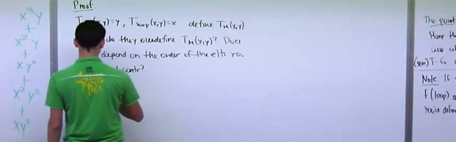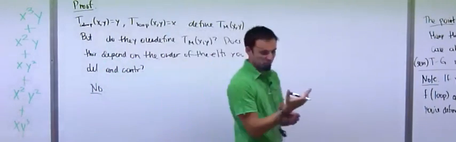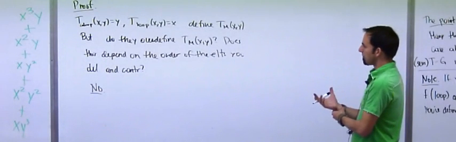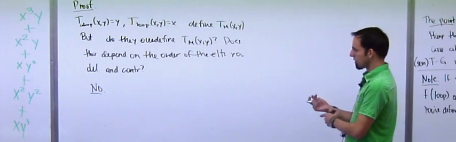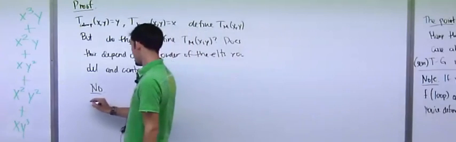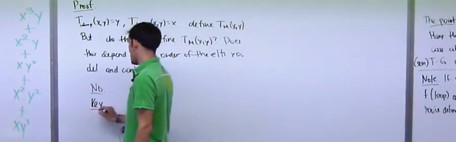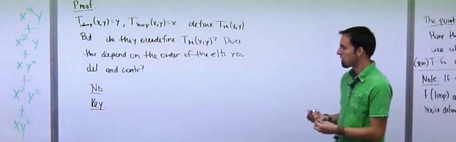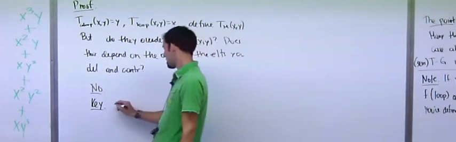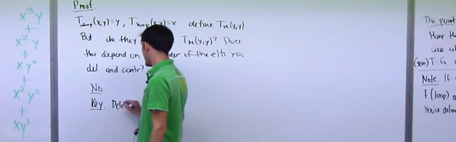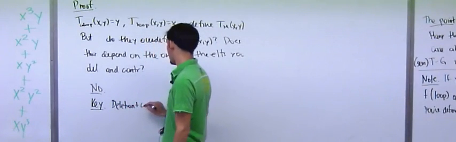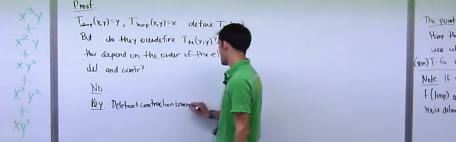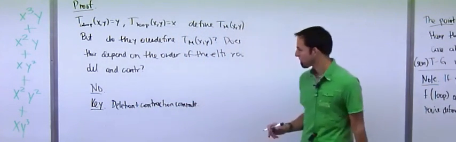Of course, the answer is no, because if the answer was yes, then we wouldn't have a theorem here. And the key reason why this is well defined, as we will see, is that you should remember that deletion and contraction commute. That's the key reason. Okay?